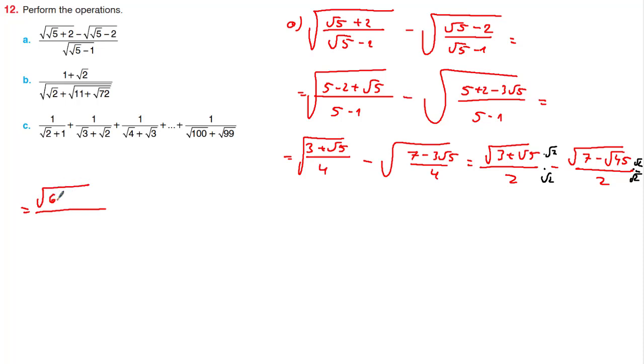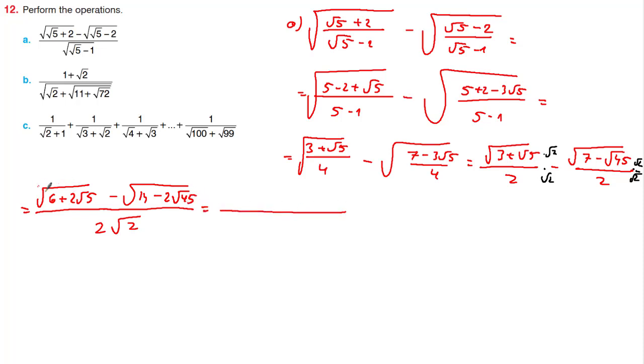And the formula was square root of 6 plus 2 root of 5 over 2 root of 2 minus, we can put it under the same denominator, square root of 14 minus 2 root of 45.